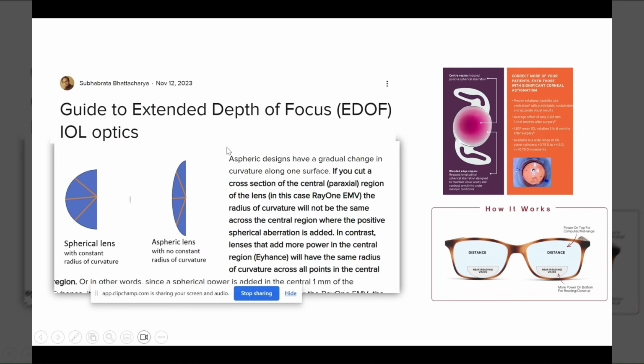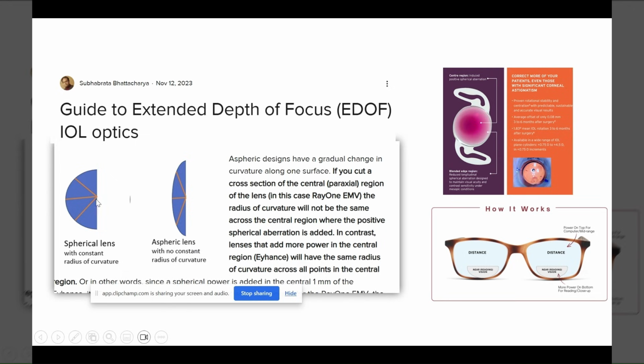Right. So coming to the first two, what is the difference between RayOne EMV and the Tecnis Eyhance? Tecnis Eyhance provides a higher power in the central 1 millimeter, right? It's almost like a bifocal lens over here. Remember the bifocal spectacles, where you have a higher power segment for the patients to read.